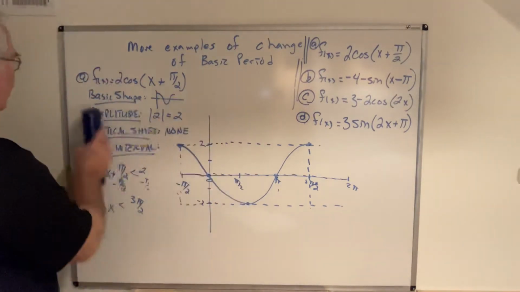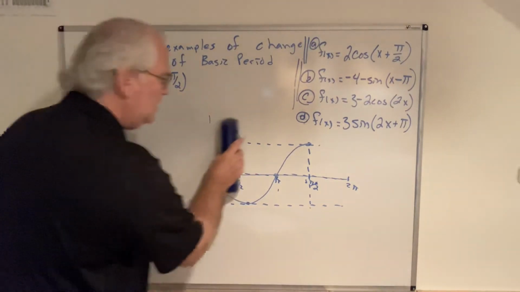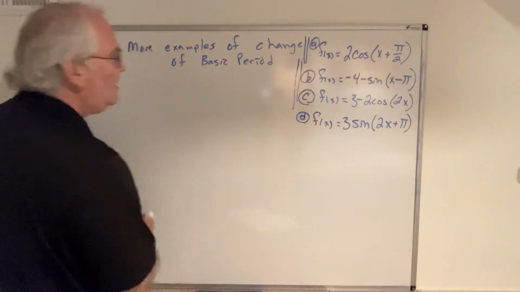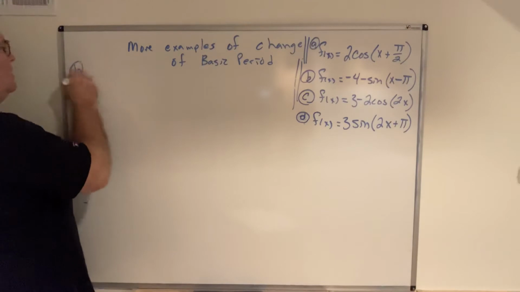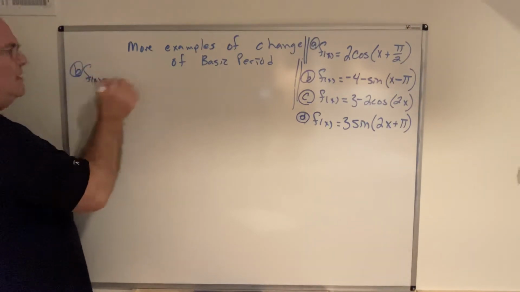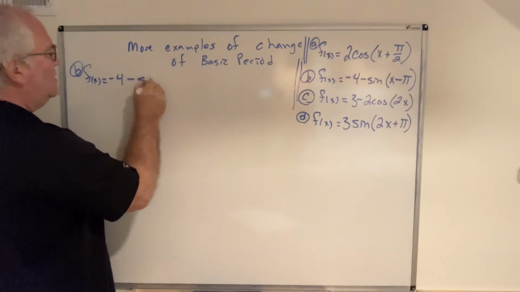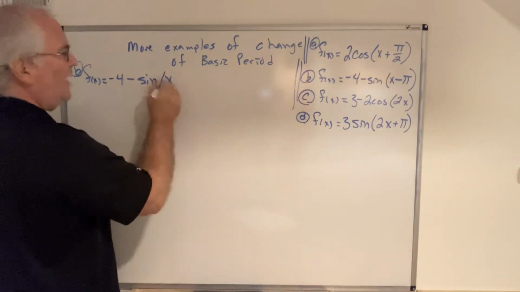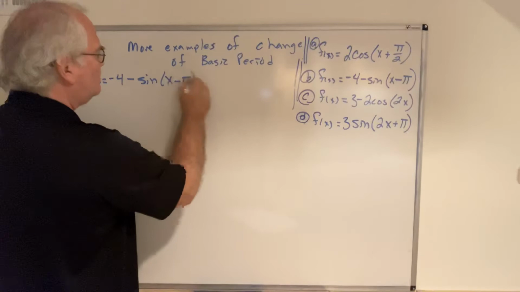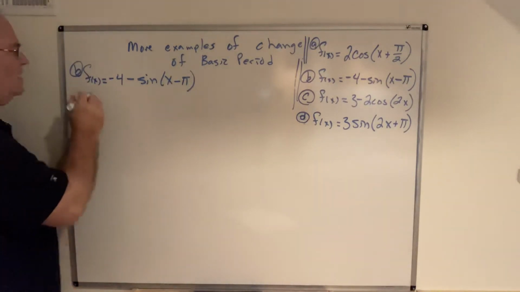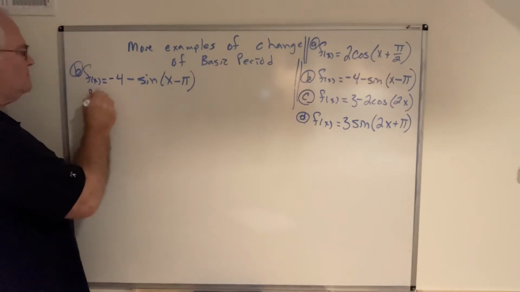Next up, let's play next item in line. Our function is -4 minus sine of x minus pi. And again, go through the same 4 basic steps. All right, so basic shape.